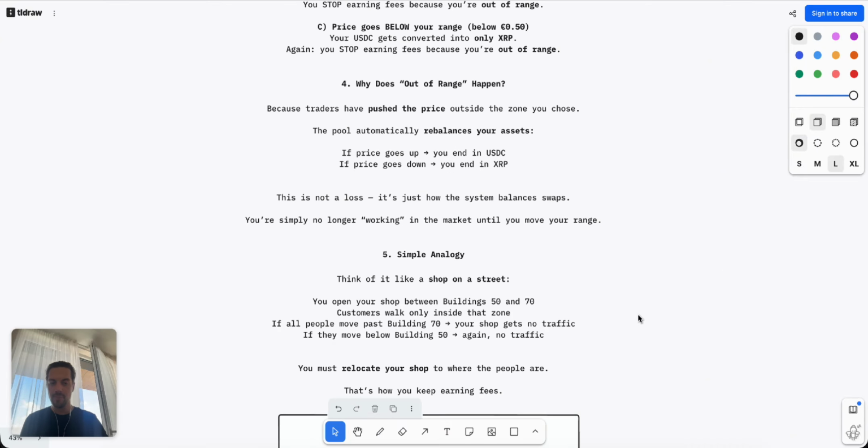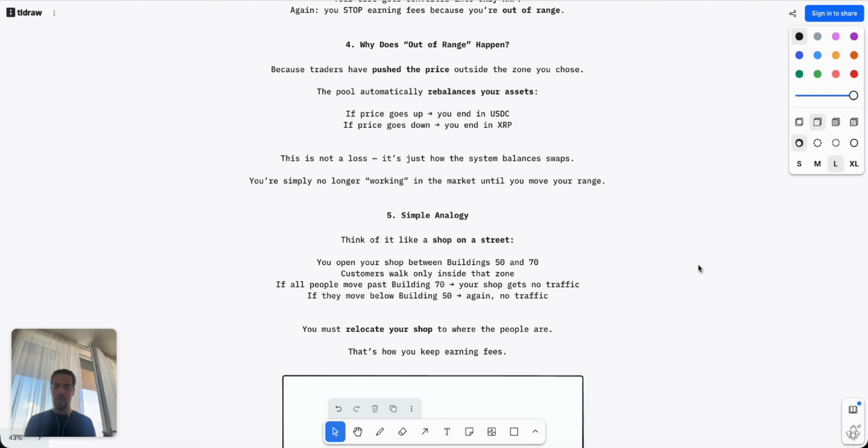Okay? To give you an even simpler analogy, think of it like a shop on a street. So you open your shop between buildings 50 and 70. The customers walk only inside that zone, right? People that live in buildings 50, 51, 52, 67, 70, people that walk around that zone, they are your customers.